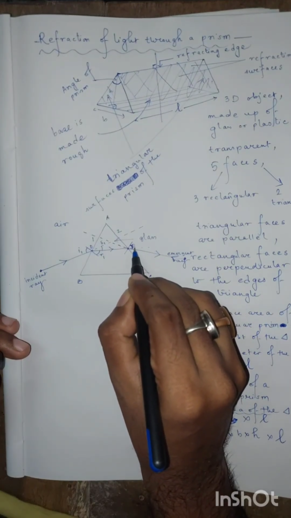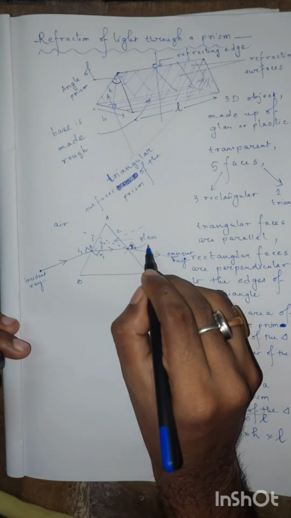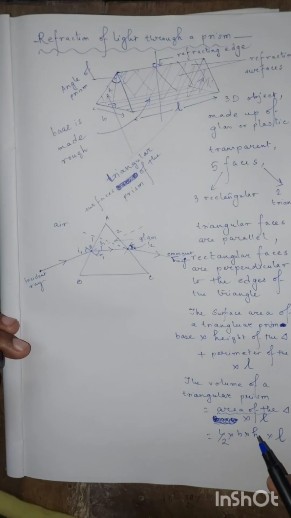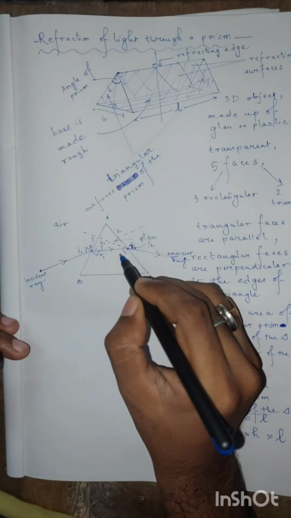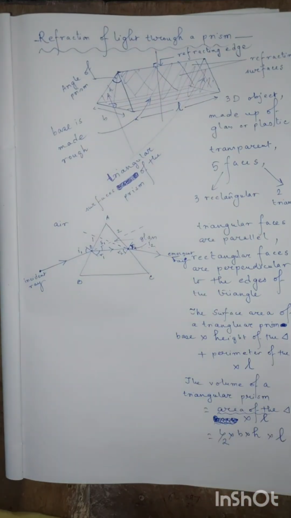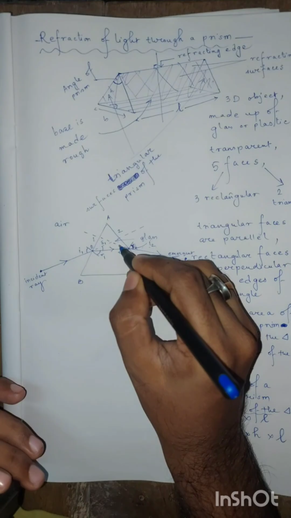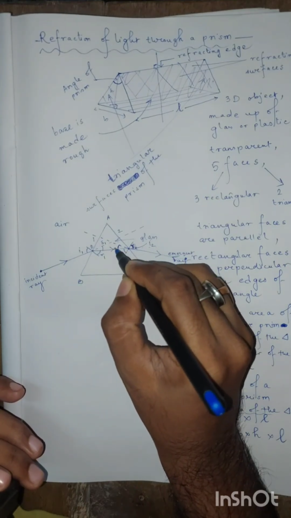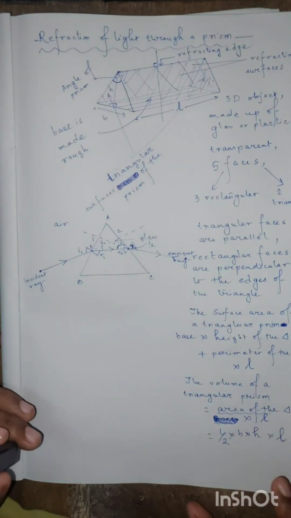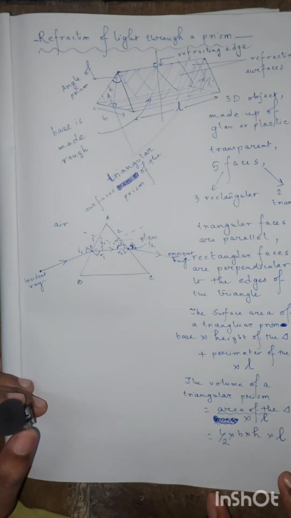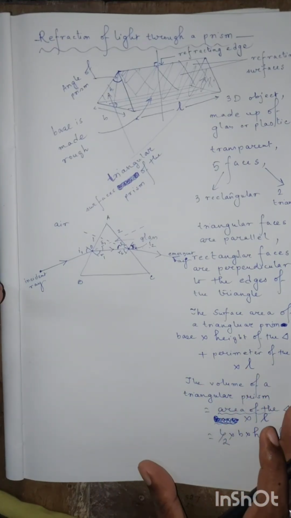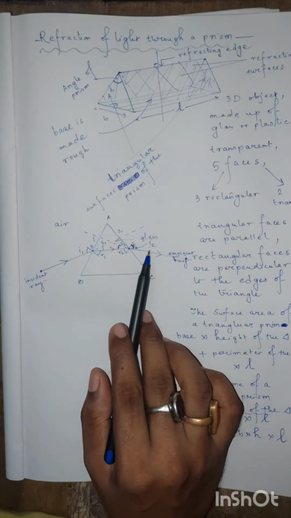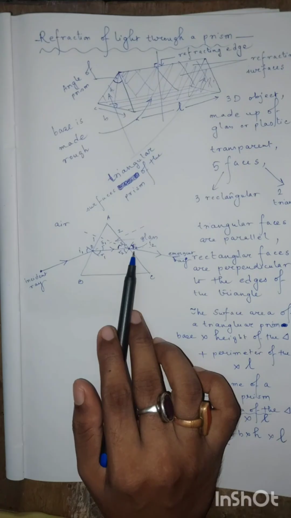Let us call this angle I2, and this is our angle of refraction, and this is the angle of deviation, which is delta 2.